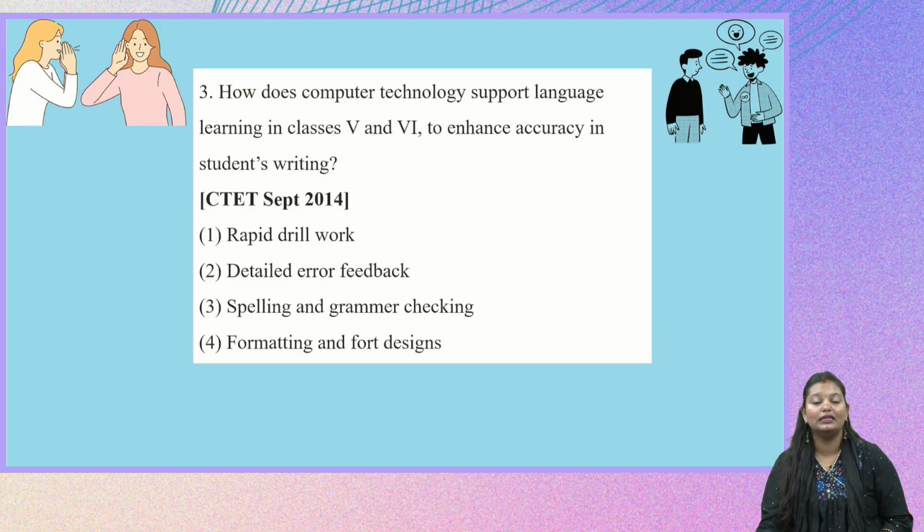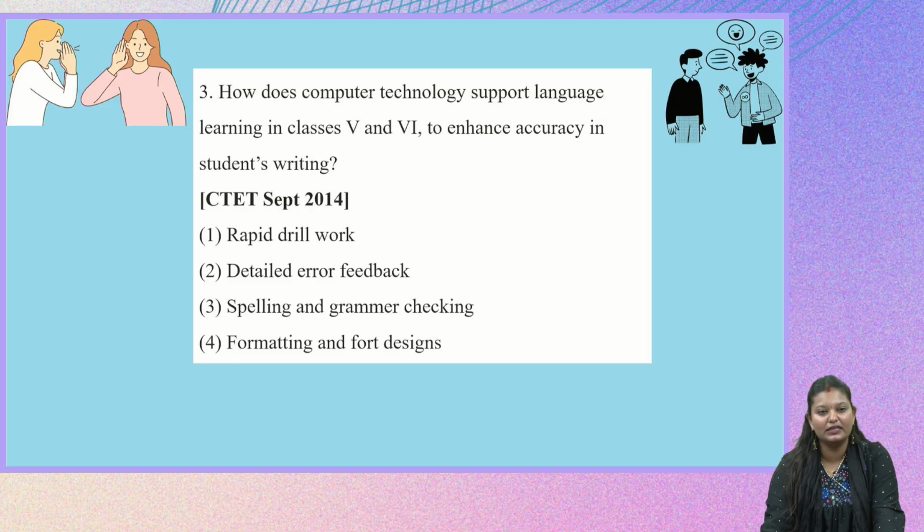When you look at these 4 options, there are only 2 major options addressing the writing skills. This is a very simple question. So the right answer here would be detailed error feedback.